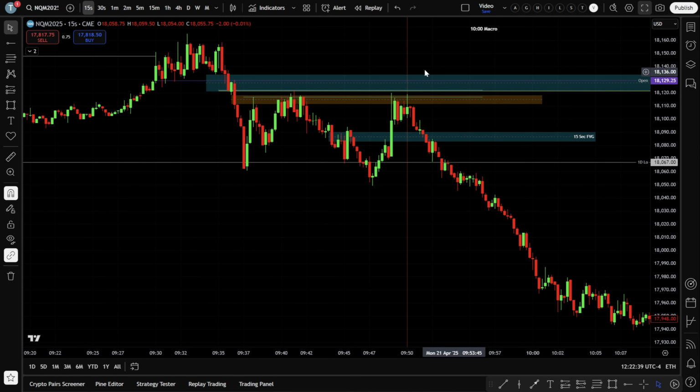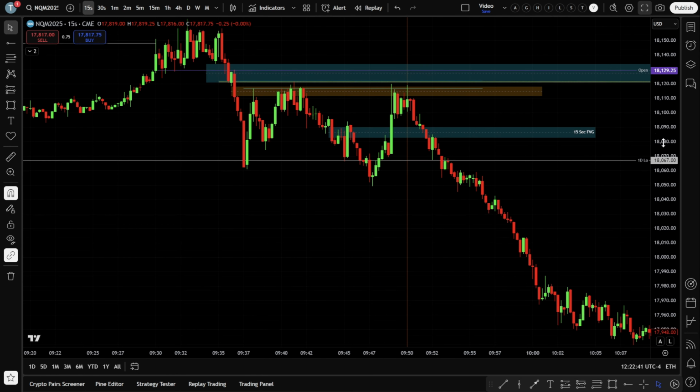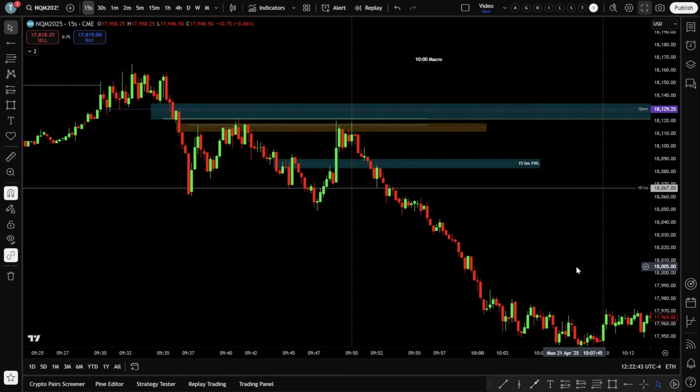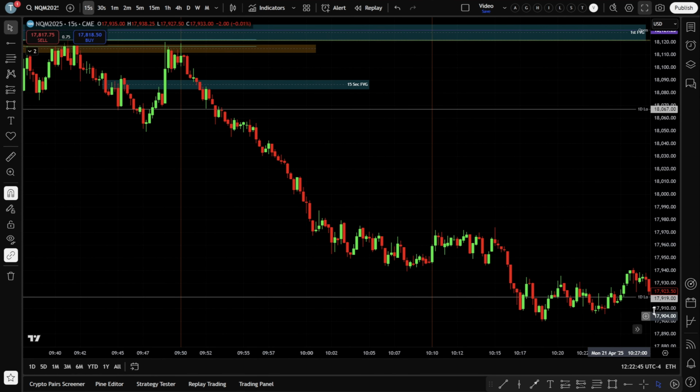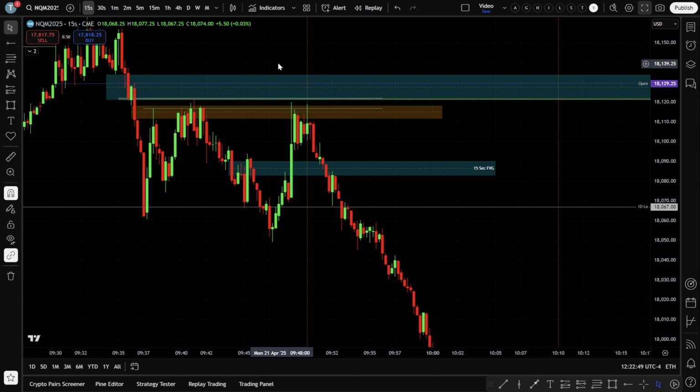This is all in sync with our daily bias of being bearish and taking out this low here. So when price drops, we have this 15-second fair value gap here, which is respected right here. It drops, comes back up, and then we drop below it.